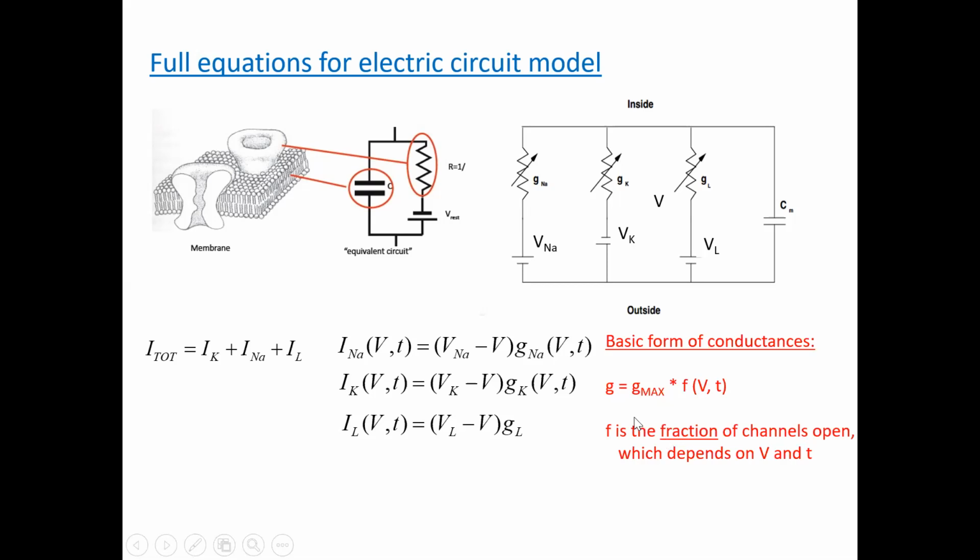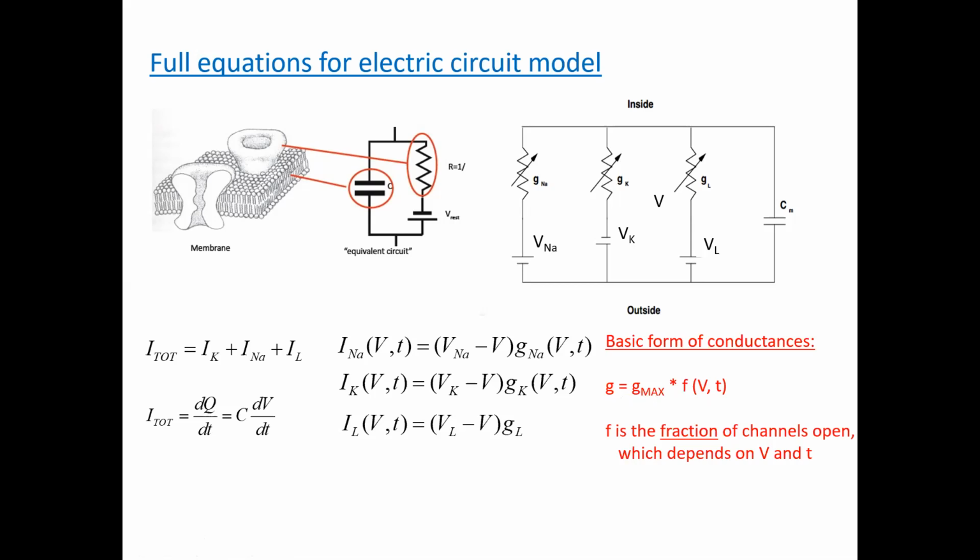So if, for example, all of the sodium channels are open, we're at a membrane potential where that's the case, f would be equal to 1, and we would be at maximum conductance for sodium. On the other hand, if none of the channels were open, we would have 0 conductance. And this fraction f would be between 0 and 1. So G max would be the maximum value, the case where f is equal to 1.